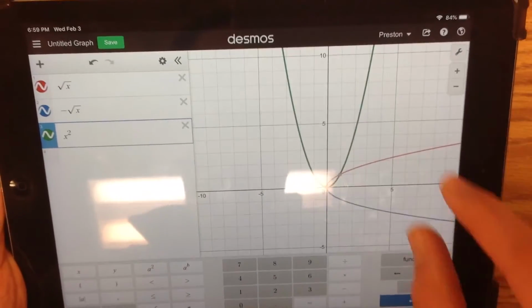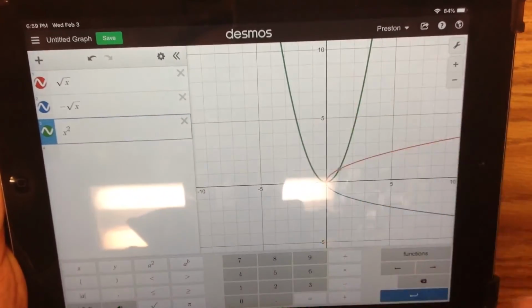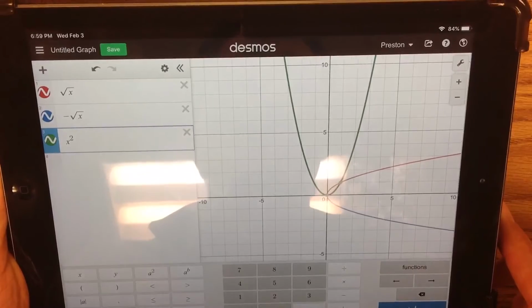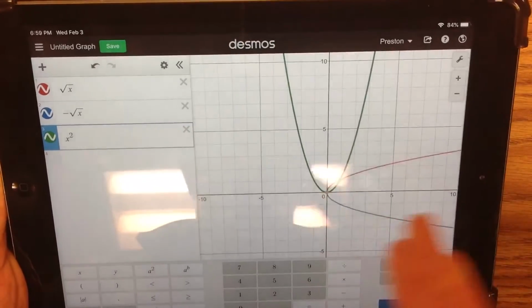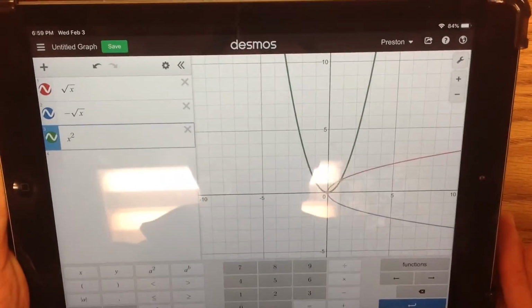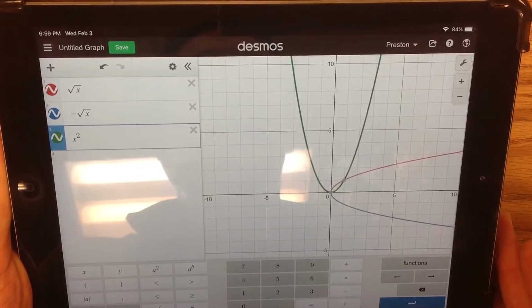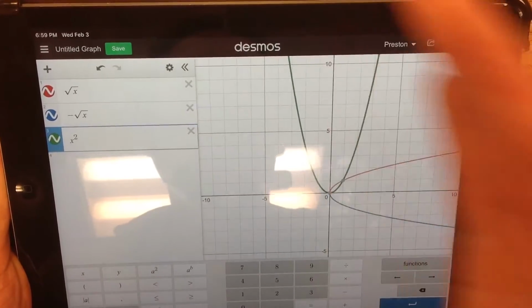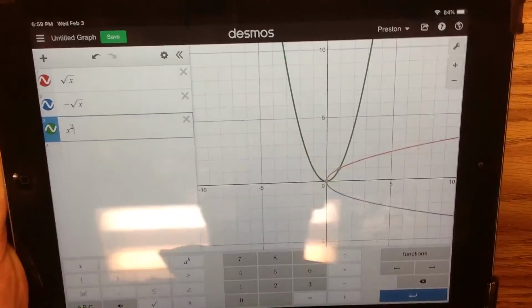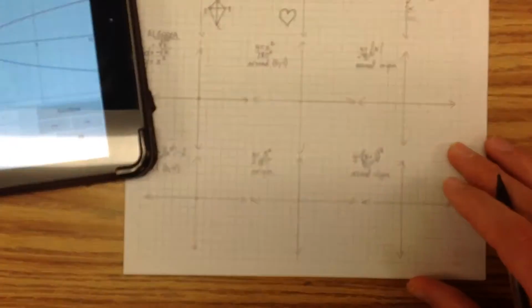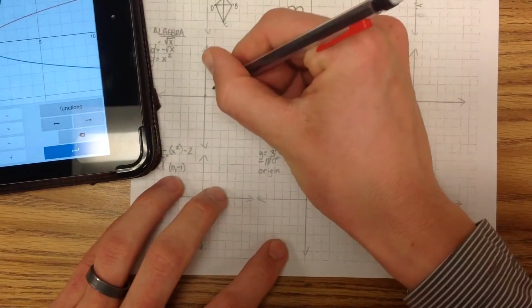Now, how did I get from this shape to this shape? Well, it looks like it rotated 90 degrees. Now, is that positive or negative? Well, that's counterclockwise. So counterclockwise is positive. So I rotated positive 90 degrees. And we're going to draw those.